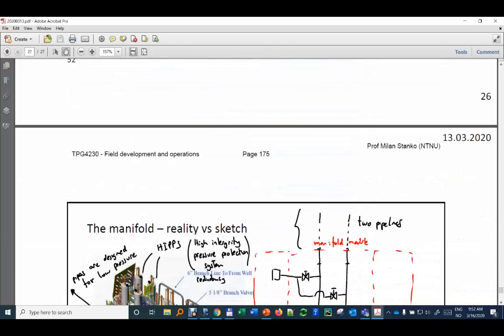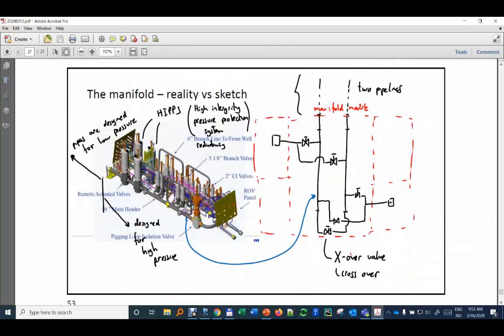Simply what we did in the lecture was to see how the subsea manifold looks, which is very similar to the onshore one that we described before. We have two headers, and now the wells are located around the manifold. The well enters with one line, and that line is here. We don't want to put two pipes because then we need two interface points.